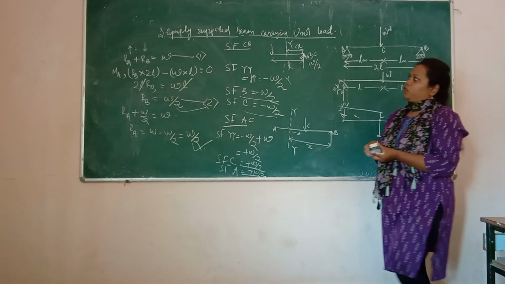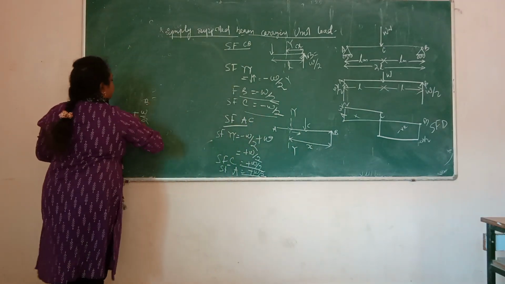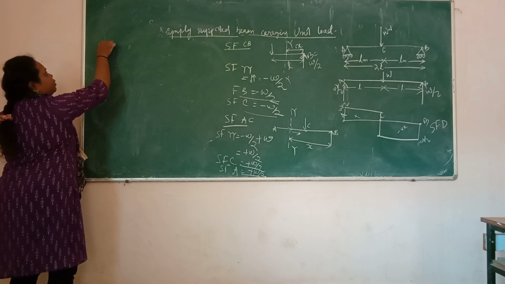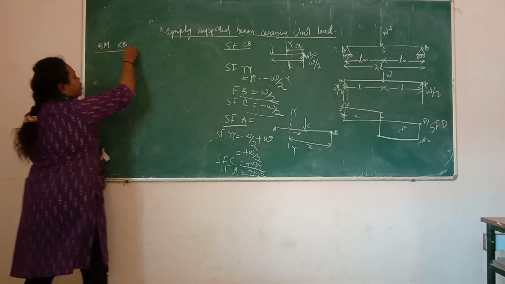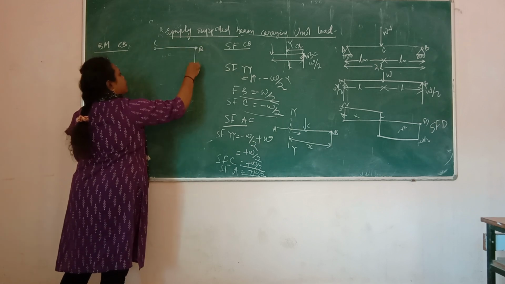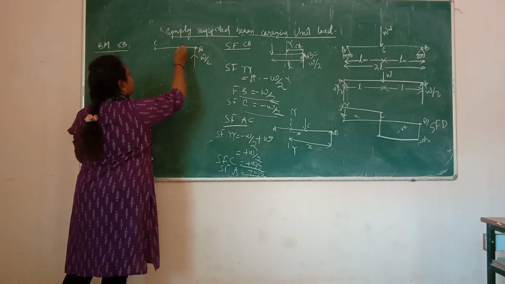Okay. Now we will move toward bending moment diagram. Say the bending moment between C to B. This point is B, this point is C. This value is minus W/2.